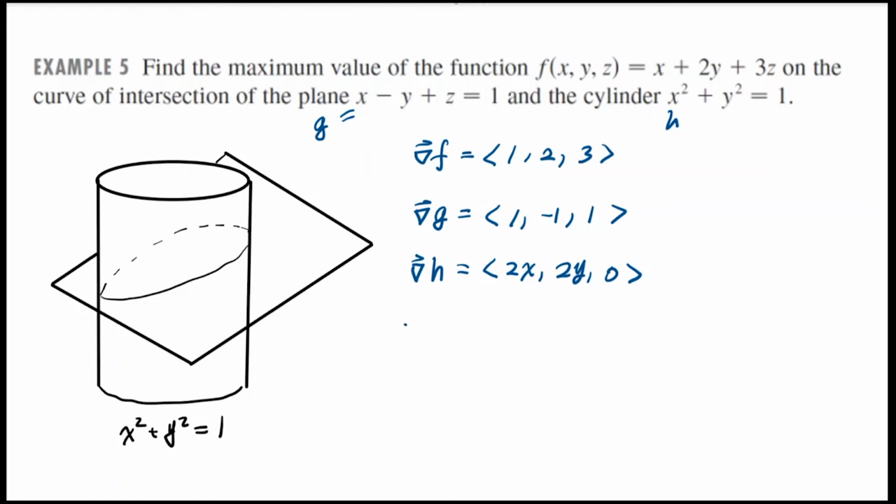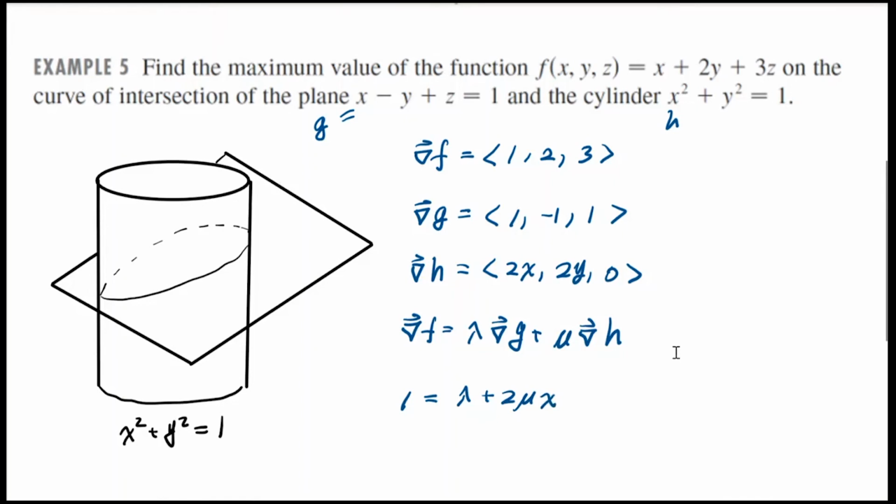Then we plug it into this equation. Gradient of f is equal to lambda times gradient of g plus mu times gradient of h. Let's go with the book, lambda first, then mu of gradient of h. Okay? So what that gives us is this thingy, 1 is equal to lambda plus 2 mu x.